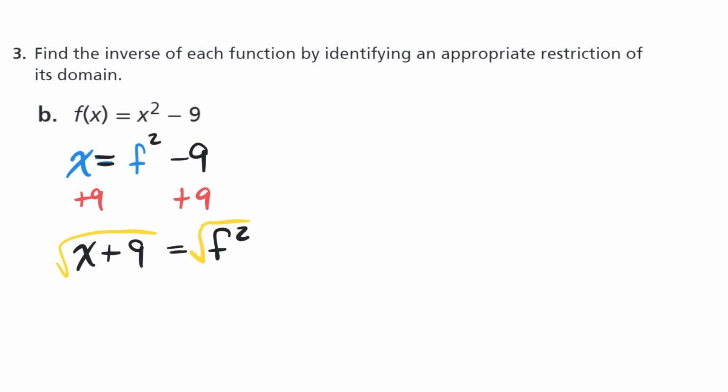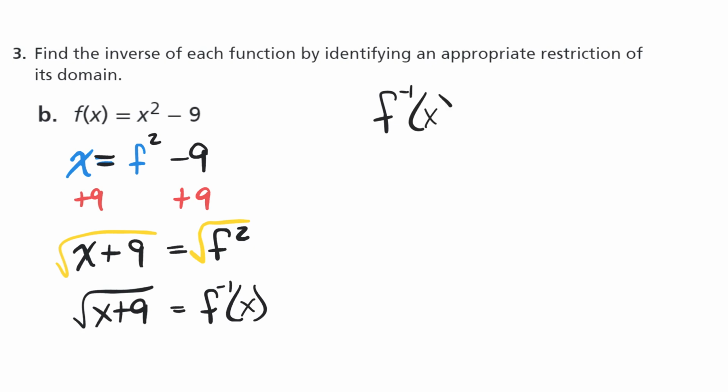So when this is all said and done, we're going to have the inverse equal to the square root of x plus 9. I'm going to just rewrite it over here. You don't have to do this. I like having the f of x on the left side.